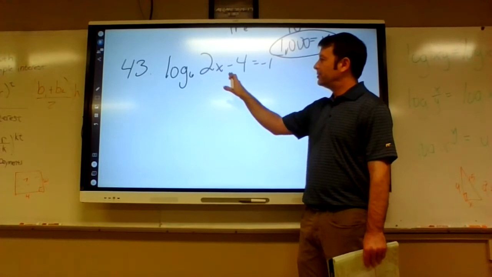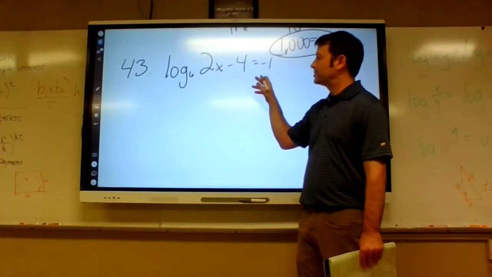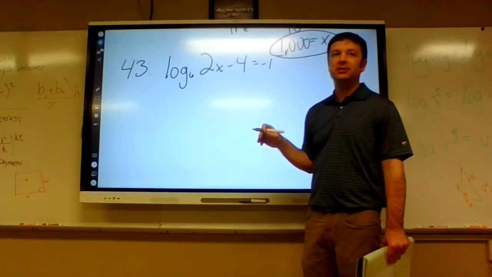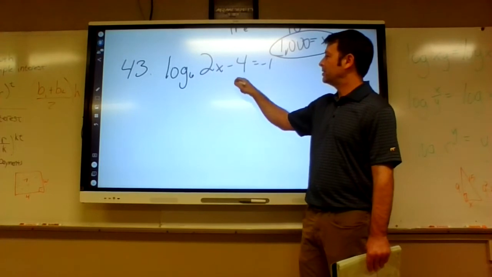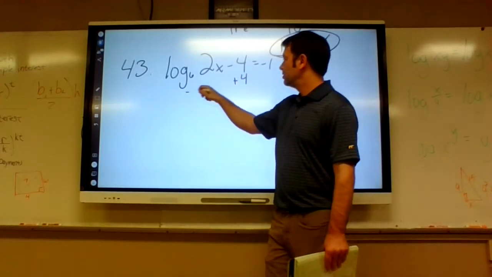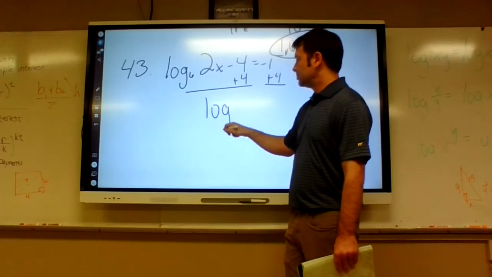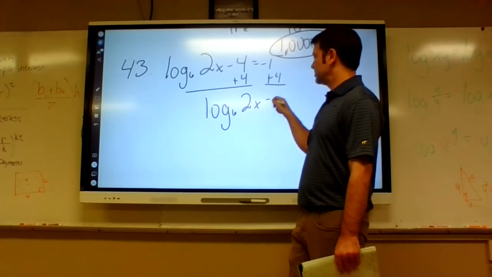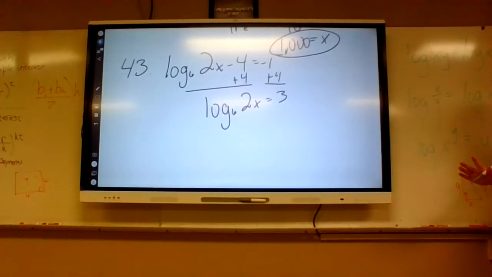Okay, so I want to make this a simpler equation so I don't have all this mess. So how can I clean this up a little bit? I want to get rid of that 4. So if I just add 4 to both sides, now I've got a pretty simple, just a basic log equation.